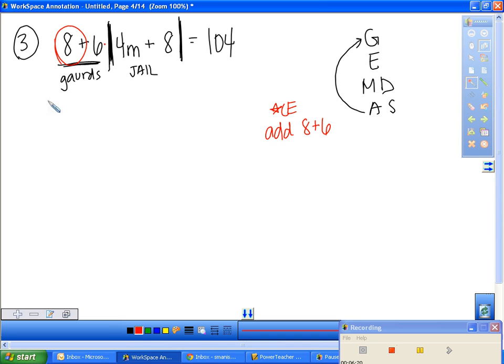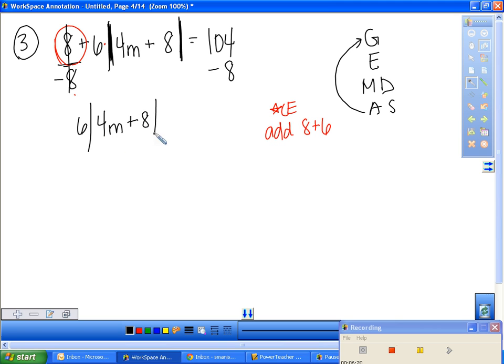So how am I going to get rid of my 8? Well, it's a positive 8, so in order to undo that addition, I'm going to subtract 8 on both sides, which leaves me with 6 times the absolute value of 4m plus 8.